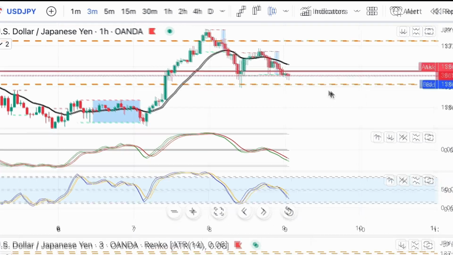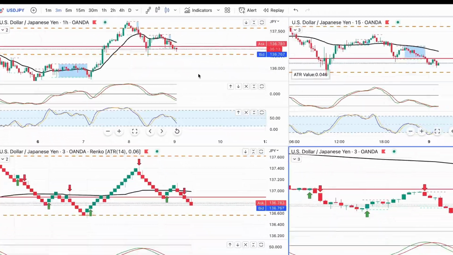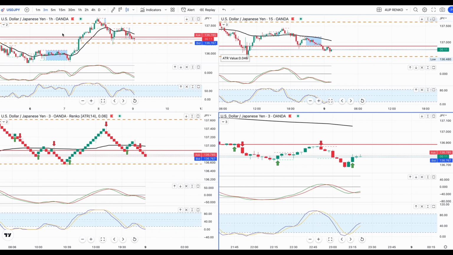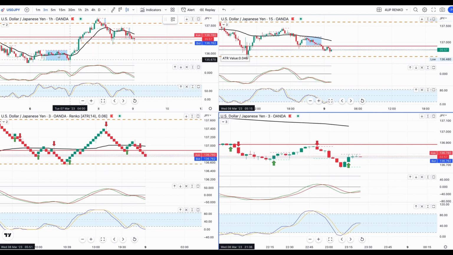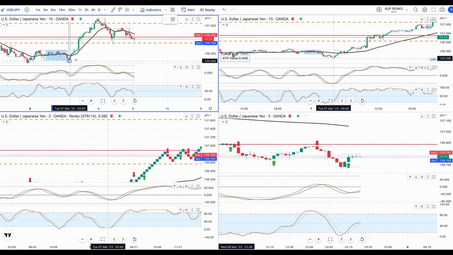The first thing that I want you to notice are the lines on my chart. These lines have been drawn using a particular indicator called the fixed range volume profile. If you use the fixed range volume profile, it's pretty easy.